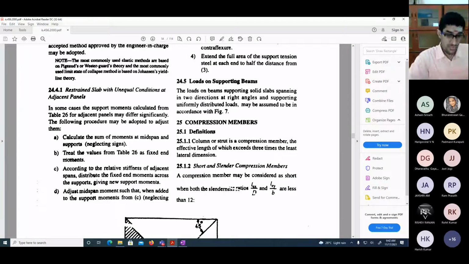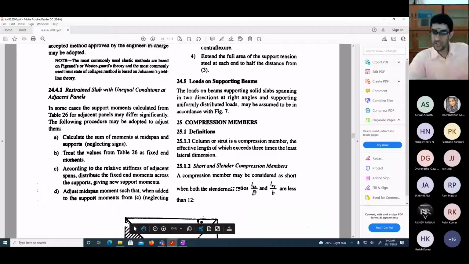Till now, the compression members that you have designed, you have ensured the condition that they are short columns, in the sense that their effective length by the shortest dimension should be less than 12.